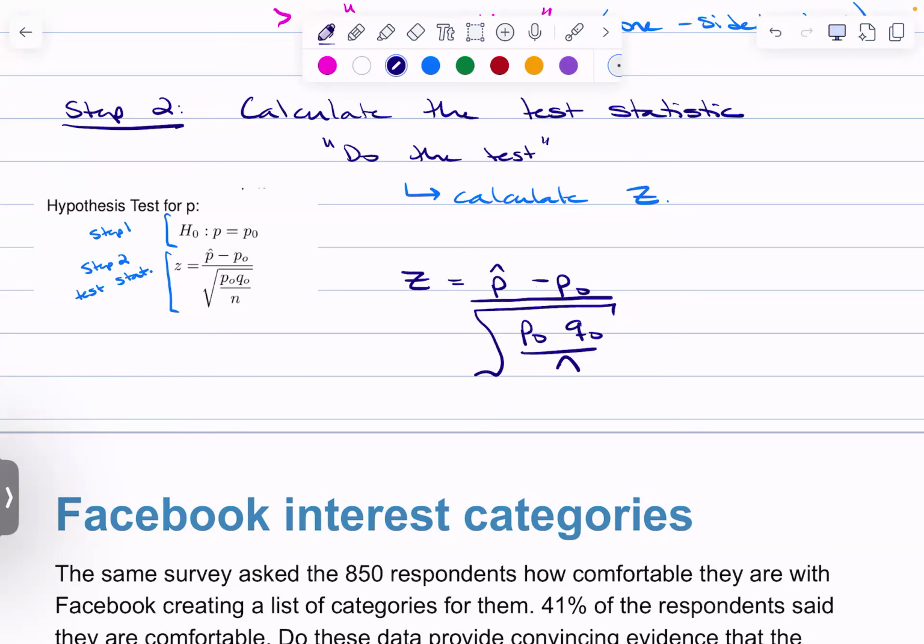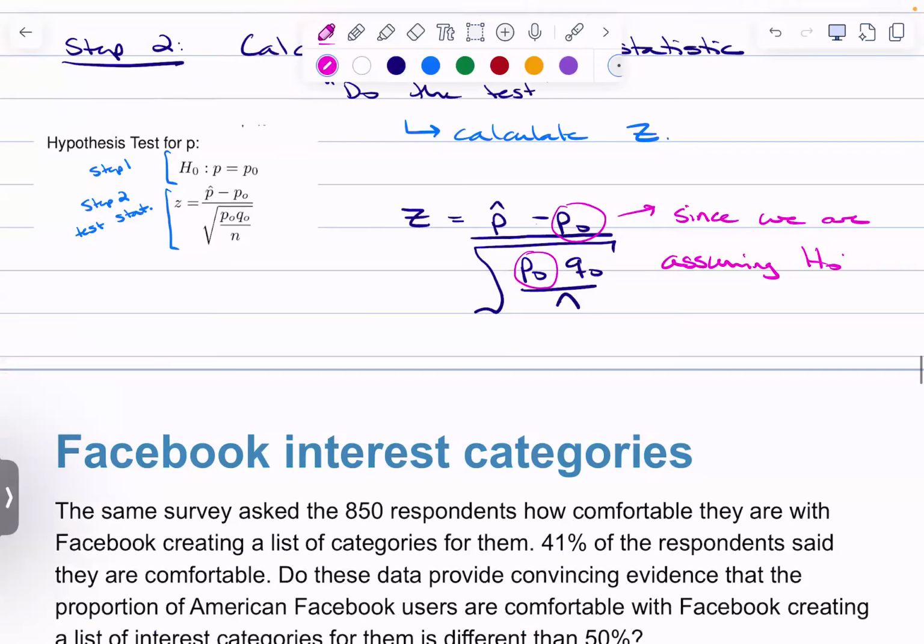Notice how we've replaced our p hats and our p's with p naughts. And that's because we're assuming the null hypothesis is true, right? And so here, since we are assuming H naught, which says that P is equal to P naught, is true.